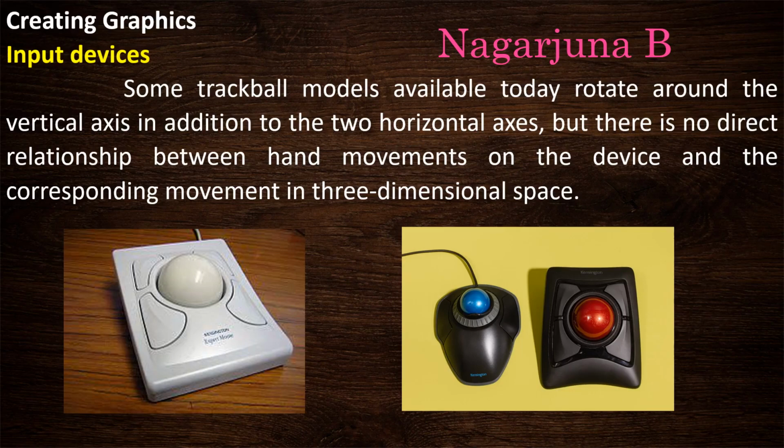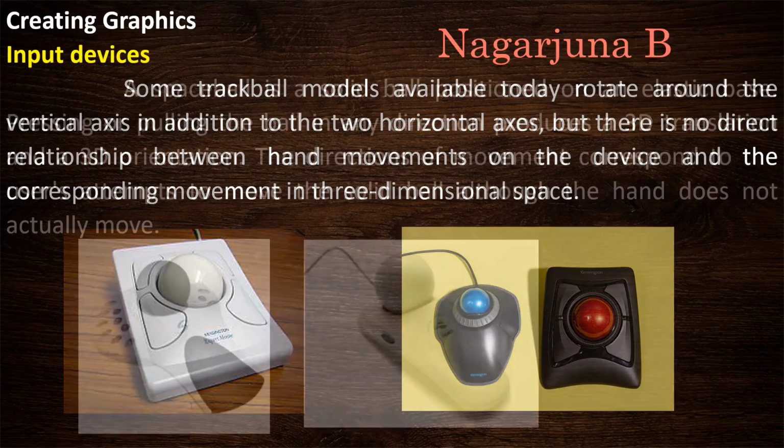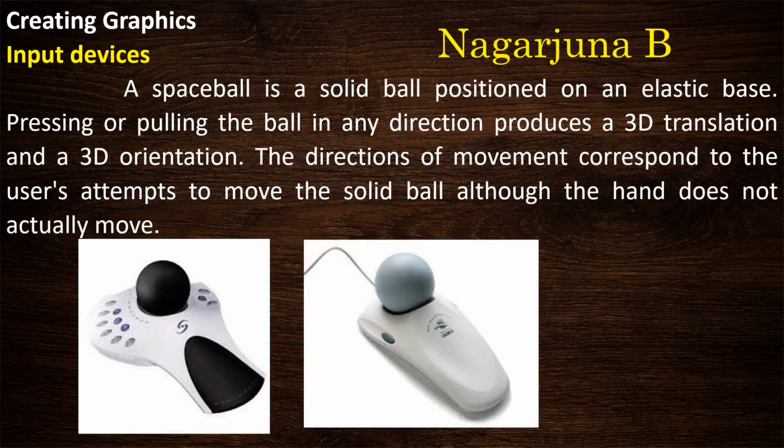And these are the diagrams, that is figures, which represent the images of trackballs. So trackballs available today have the capacity of rotating around the vertical axis in addition to two horizontal axes. But there is no direct relationship between hand movements on the device and the corresponding movement in a three-dimensional space.